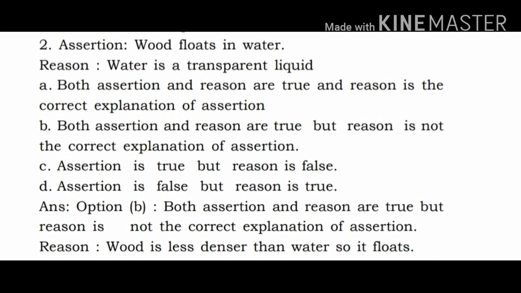Here they are comparing the density of water and wood. So the reason must be that wood is less dense than water, so it floats. When you compare wood and water, the density of water will be more and the density of wood will be less. So the answer is, wood is less dense than water, so it floats.